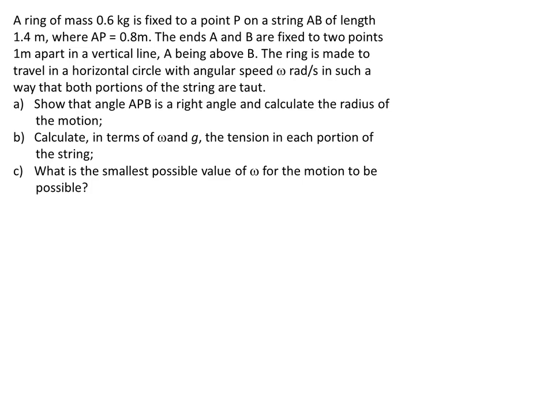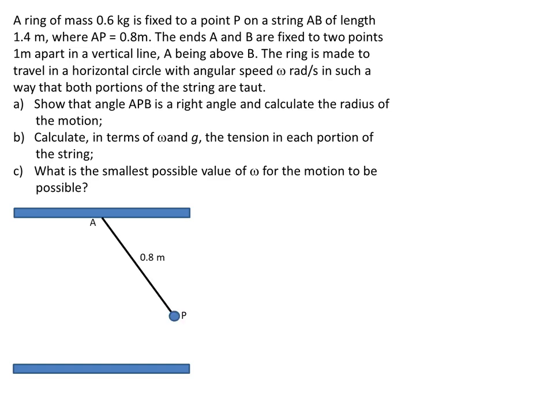So we need to picture the situation. So there's my floor and my ceiling, if you like, for the motion. We have A to P is 0.8 meters, and we have B to P is 0.6 meters because the total length of the string is 1.4 meters.